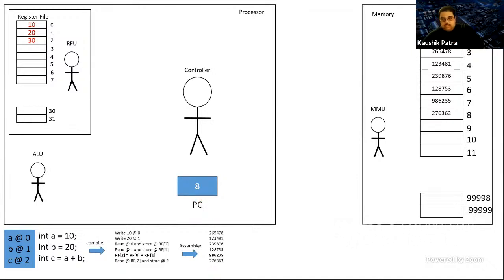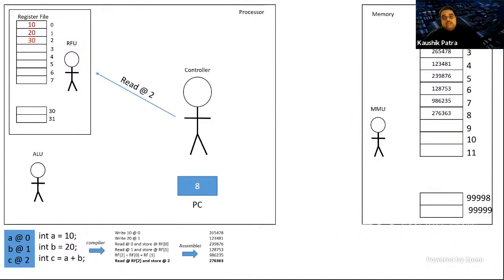Then the last instruction of this sample program goes like this. It fetches from the memory, read at 8. So it issues that instruction to the memory. Memory returns that value, and the controller decodes it and says, oh, I need to read from register file 2 and store it at memory location 2.